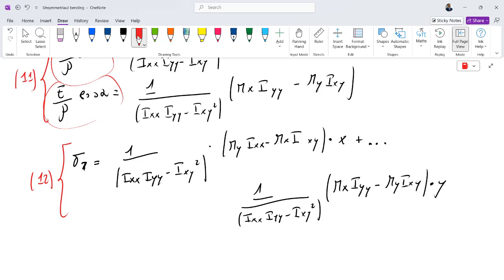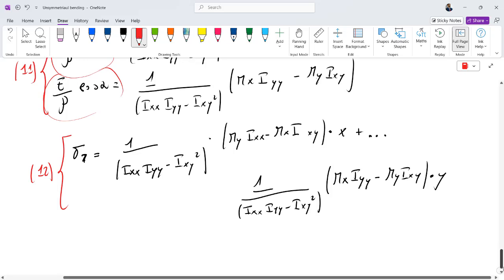So it is quite long with respect to the previous formula of the symmetric bending, but if you note, you can obtain the same formula for symmetric bending, making what consideration? Making the consideration that, for example, the moment is applied only on the vertical plane.